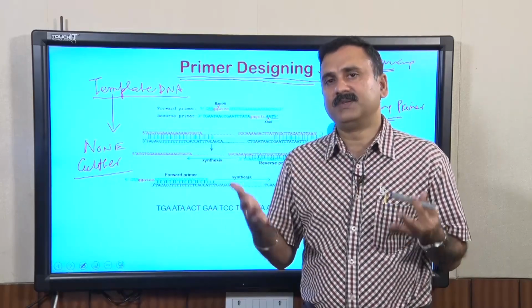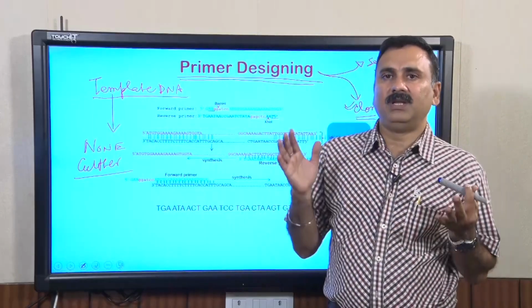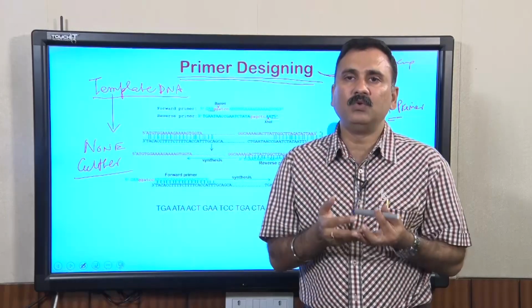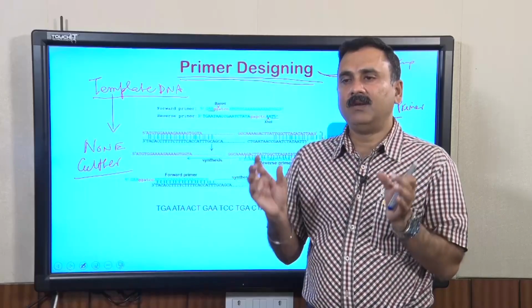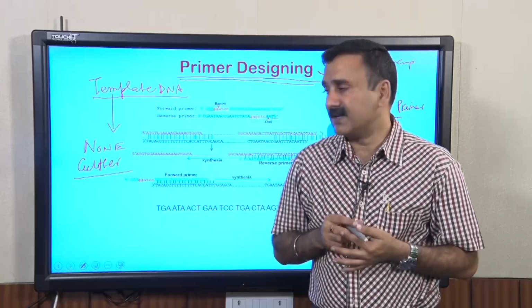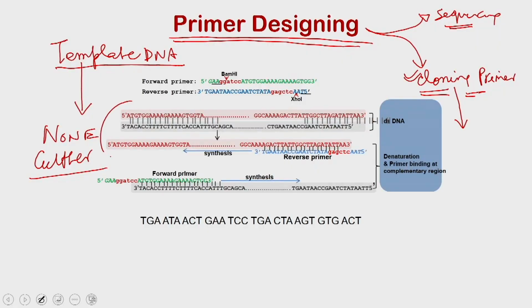All this we are going to discuss in our subsequent lectures. So what you need is a non-cutter, so that you can use those enzymes for cutting your gene and then putting this fragment into the vector of your interest. For example, in this case we have taken a gene, a small fragment, and we have given you an example of how to design the forward primer and the reverse primer.